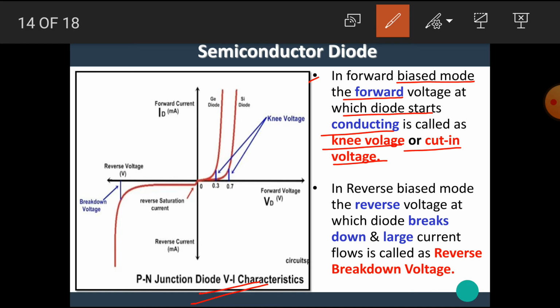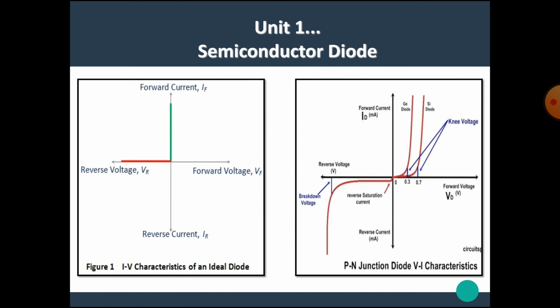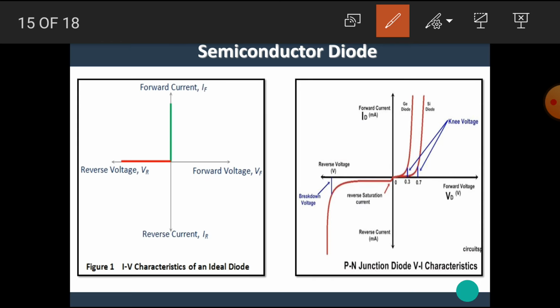In reverse bias mode, the reverse voltage at which the diode breaks down and large current flows is called the reverse breakdown voltage. Now let's see the difference between the ideal characteristics of the PN junction diode and the practical characteristics of the PN junction diode.